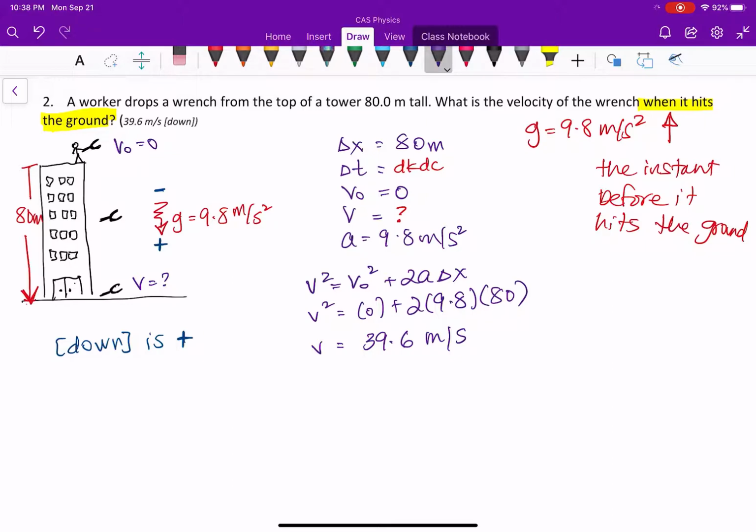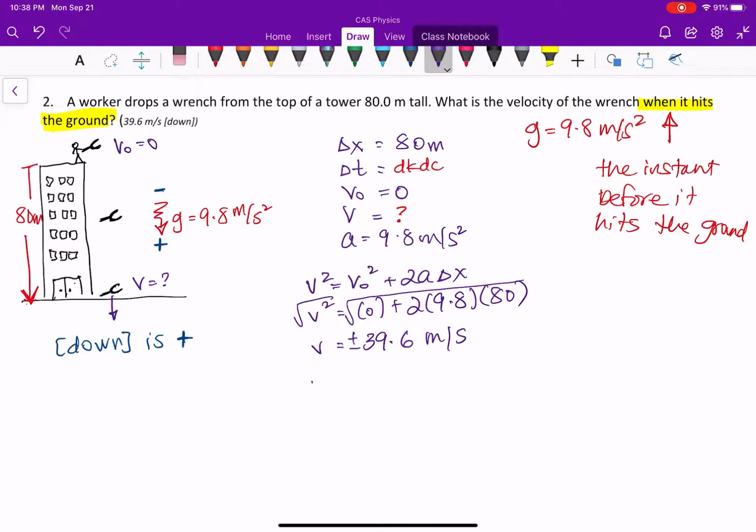When you do this, you take the square root of both sides, right? And when you do that, technically the answer works out to plus or minus 39.6. But since we know it's moving downwards at the instant it hits the ground, we are going to choose the positive. The negative is inadmissible in this problem.